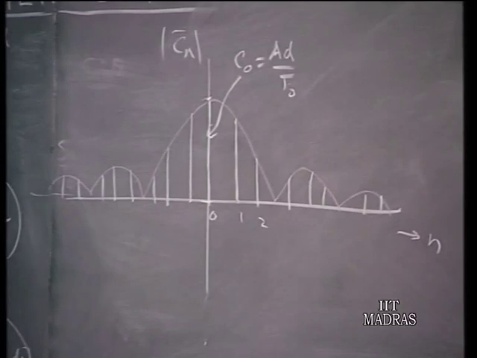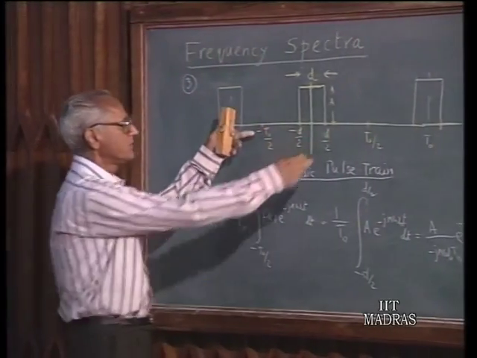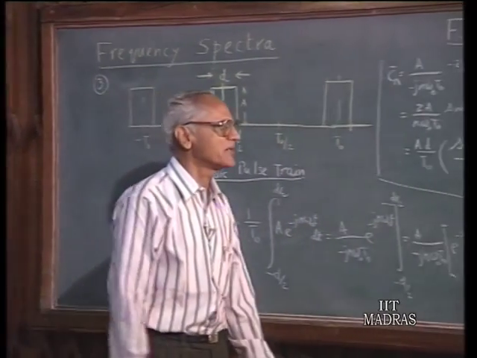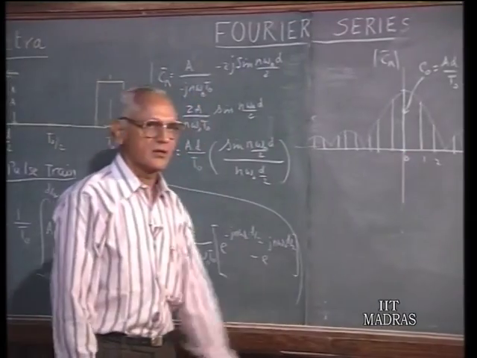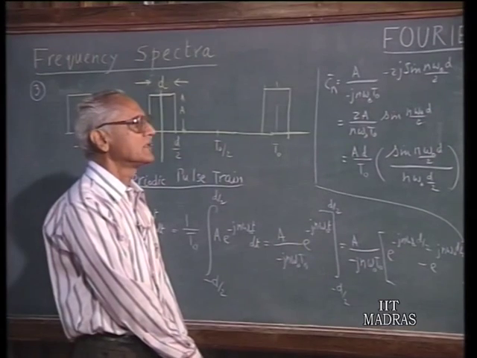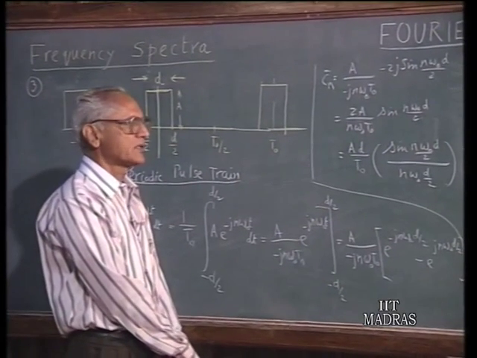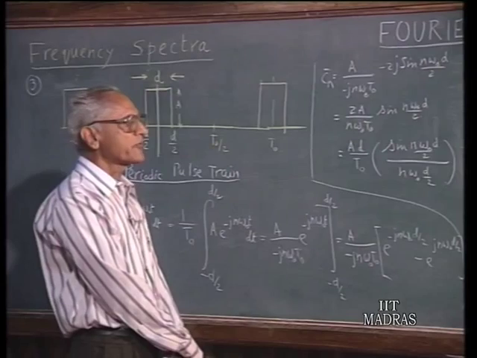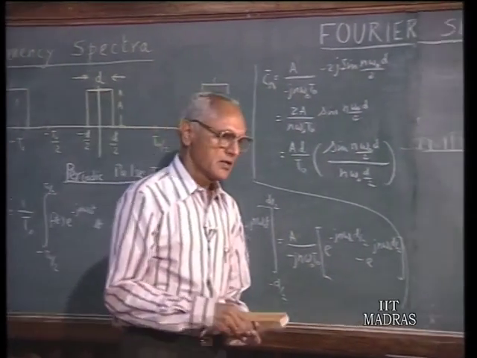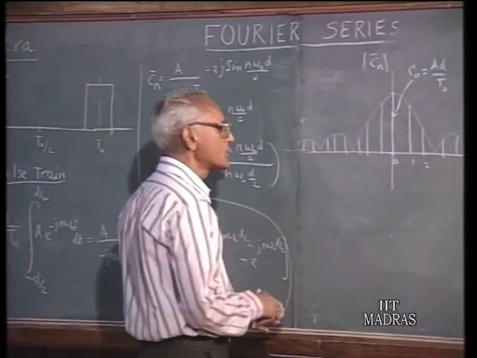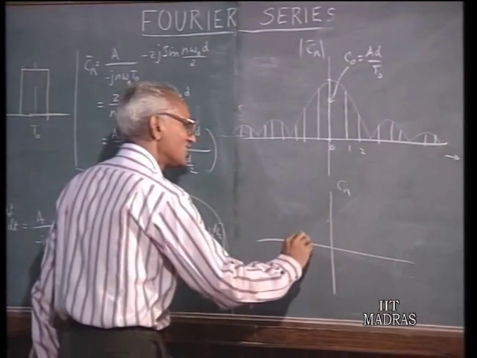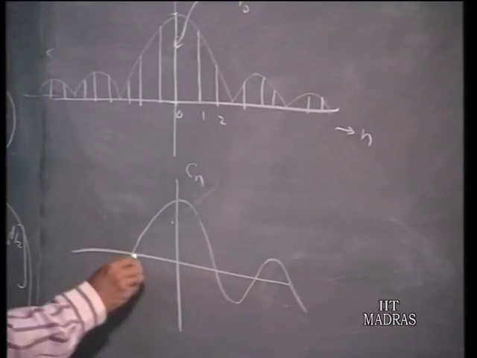As you can see, the average over a complete period is AD upon T naught. So, that is the DC value, AD upon T naught, and like this it will go. So, the spectrum of a periodic pulse train will have this type of character, and since this is a real quantity, as far as the phase is concerned, we can say it is either 0 or pi, and sometimes when the Cn quantity turns out to be real, we can plot Cn simply like this.